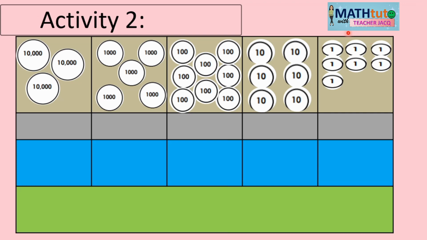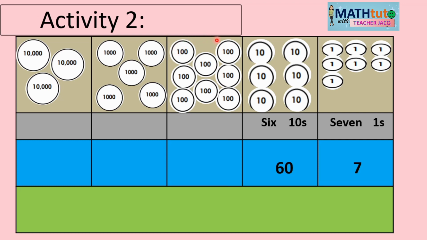So under ones place value, we have how many disks? Let us count. 1, 2, 3, 4, 5, 6, 7. So we have 7 ones. So 7 times 1 is 7. Under the tens place value, we have 6 tens. So 1, 2, 3, 4, 5, 6.